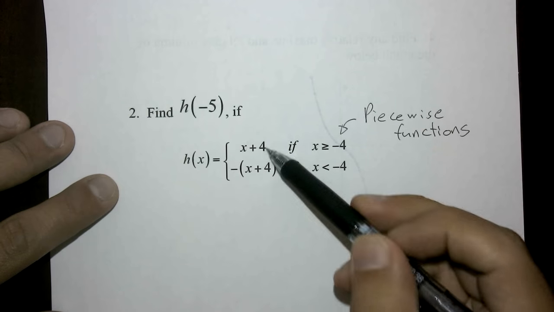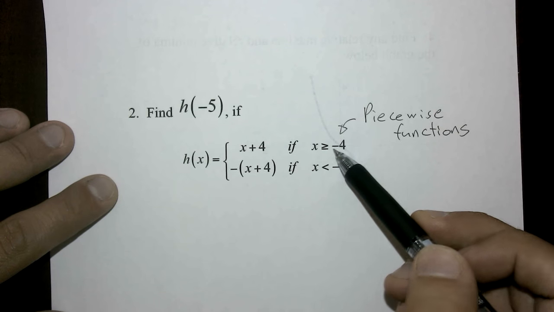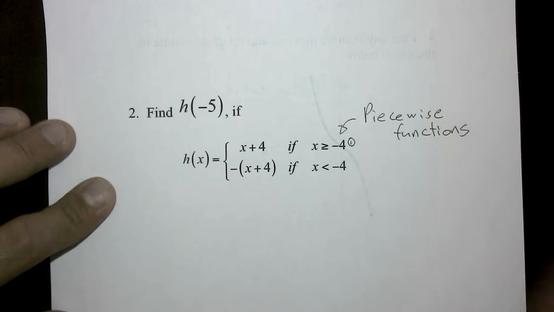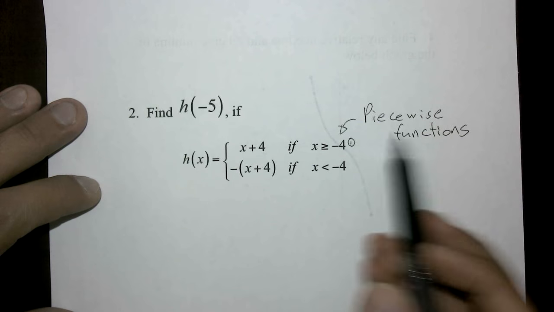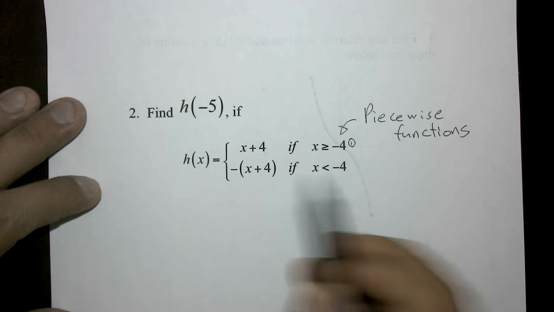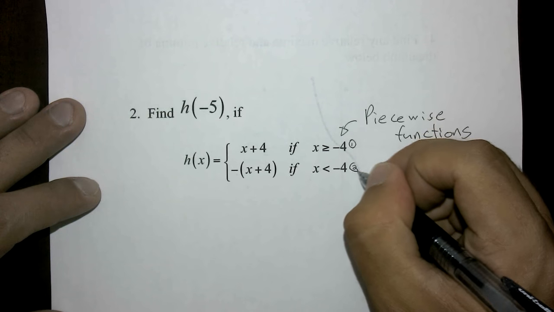We see two functions, x plus 4 if x is greater than or equal to -4. So this is one type of case we might fall into evaluating. We also have this second piece of the function, negative parentheses x plus 4 if x is less than -4. So we have two cases that we might have to evaluate.